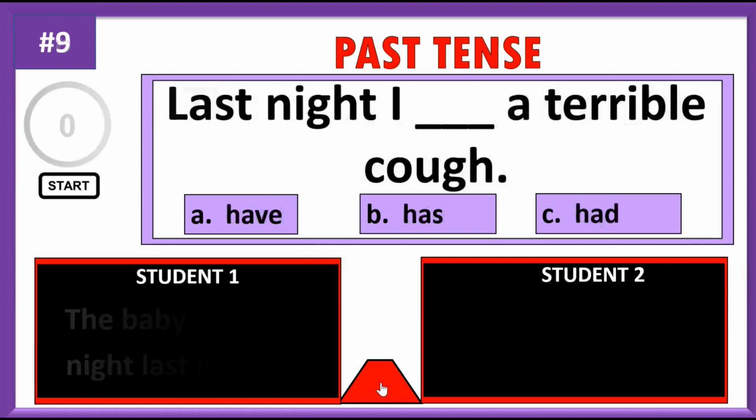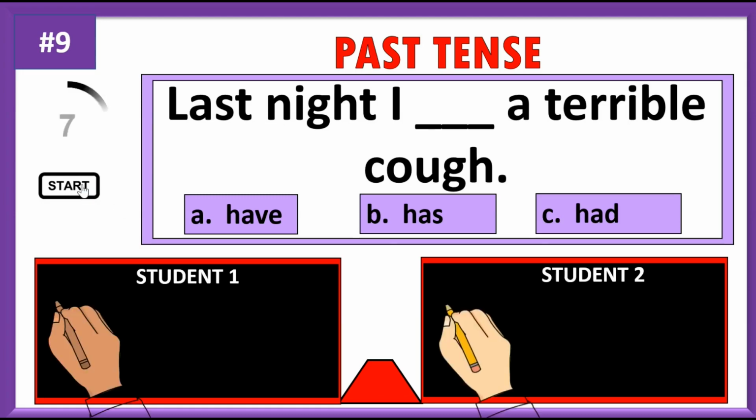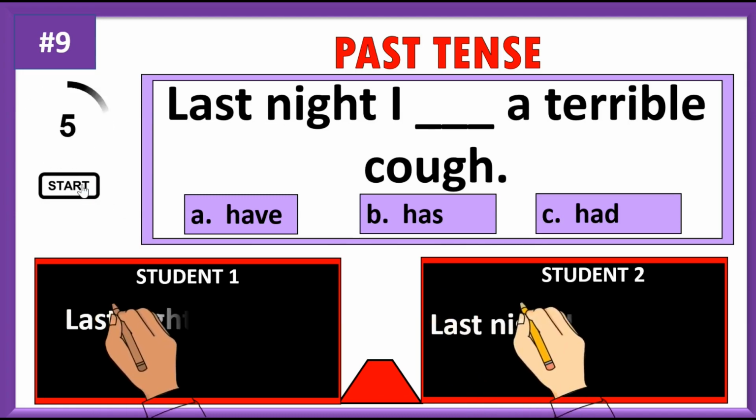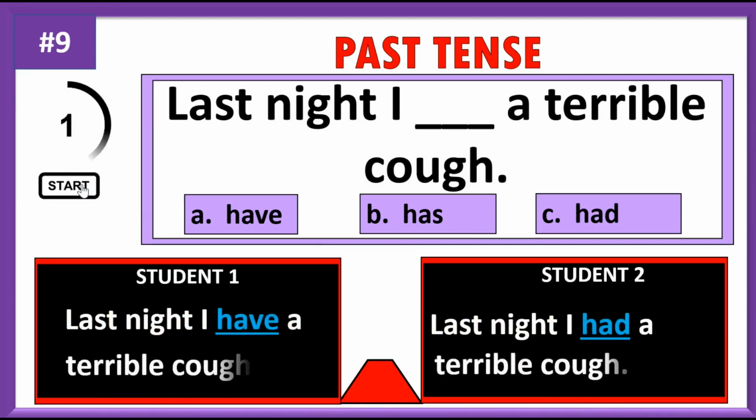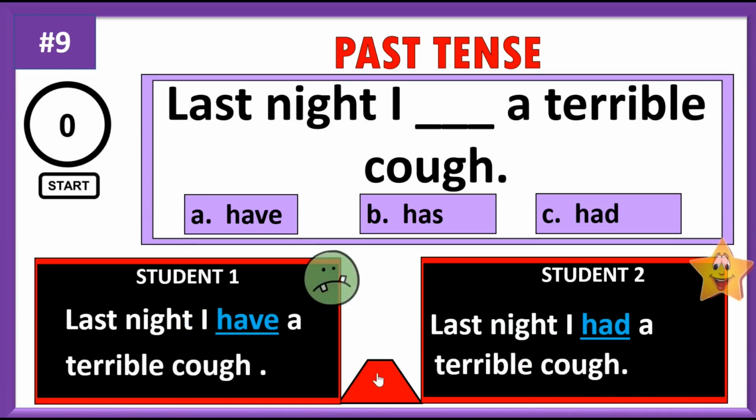Let's move on to question number 9 that says, last night I dash a terrible cough. Now, guys, which verb should go on that line? You have only 7 seconds to figure it out. Oh yes, let's see who has the correct answer.